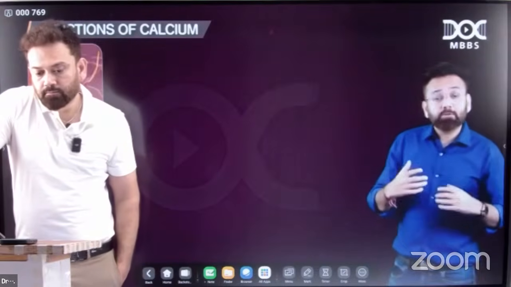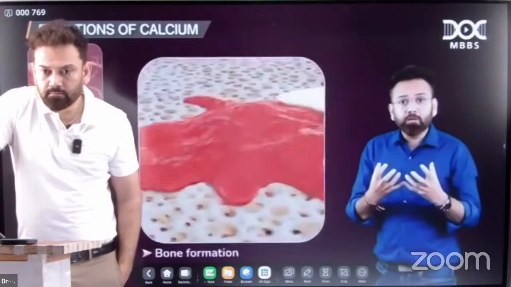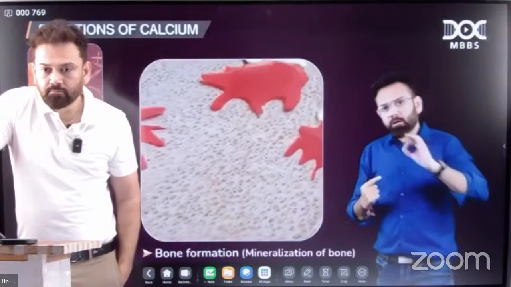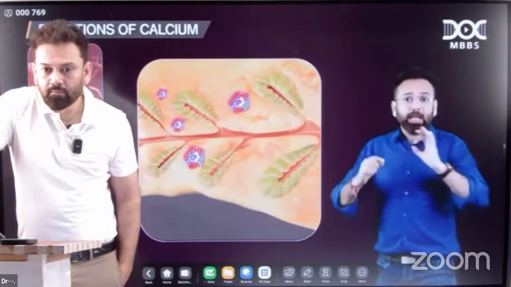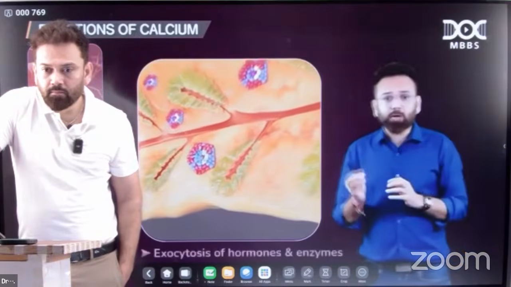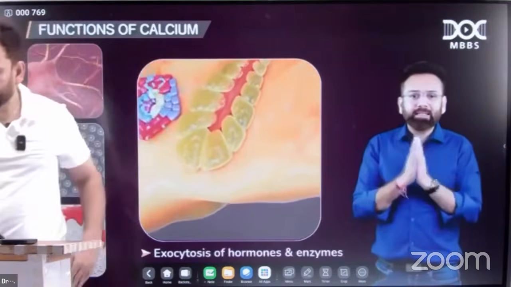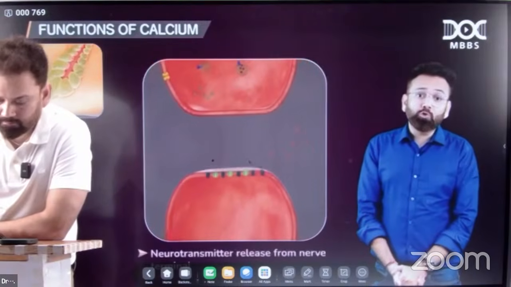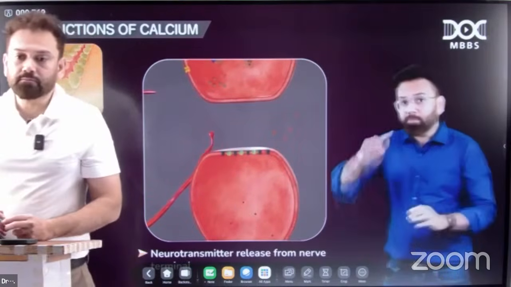Then it is also important for cell division, for bone formation, that is, the mineralization of the bone. Then calcium is important for exocytosis, calcium-mediated exocytosis of various hormones and enzymes from the gland cell. Then calcium is also important for neurotransmitter release from the nerve terminal.